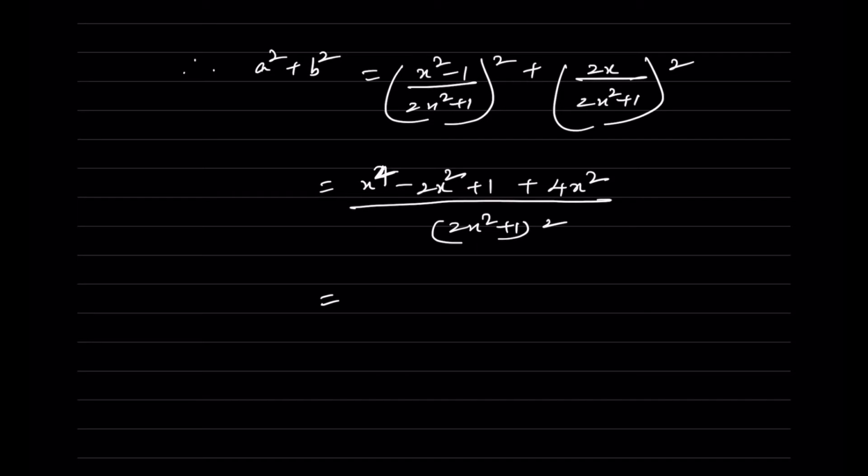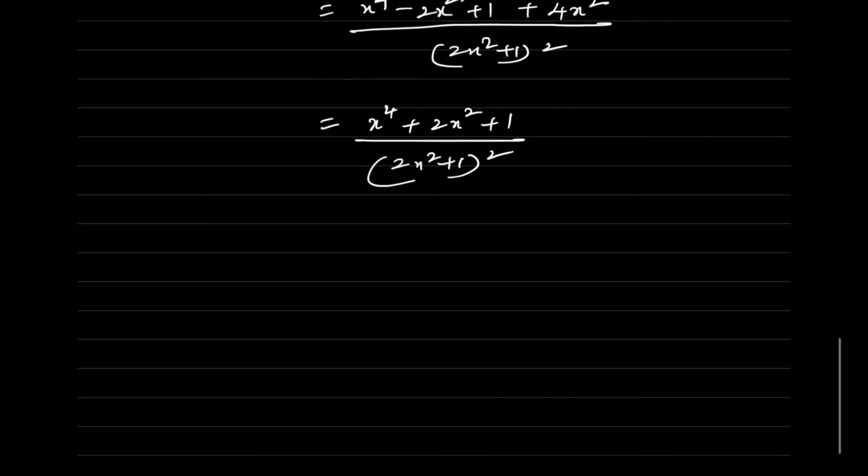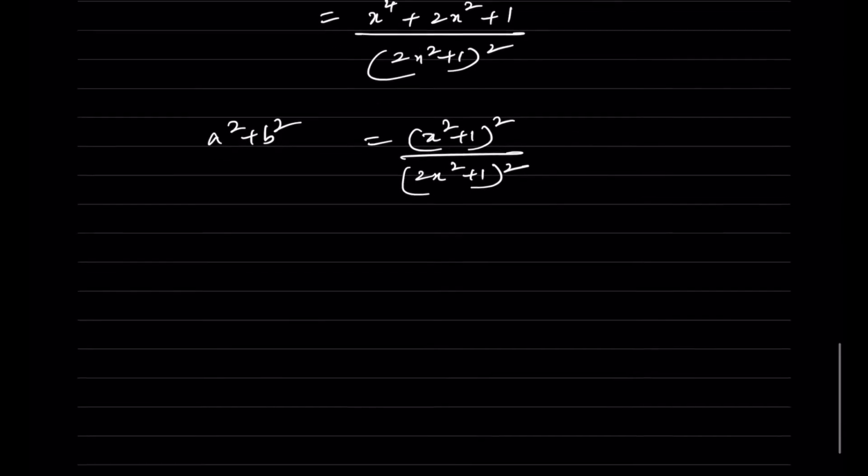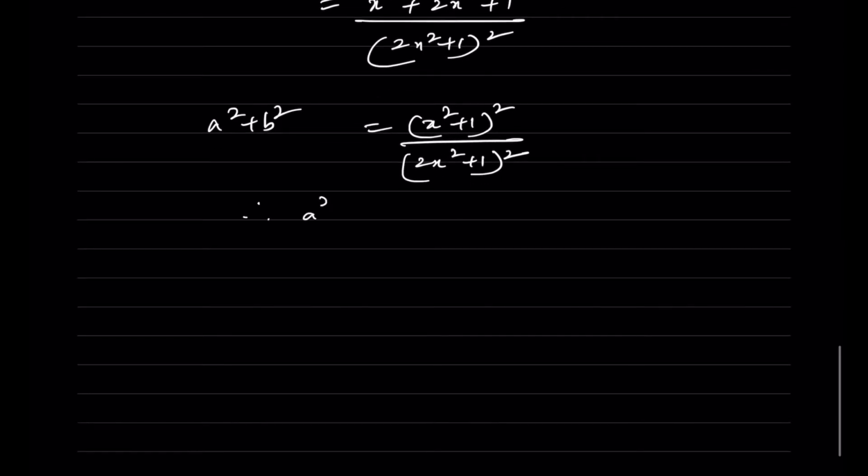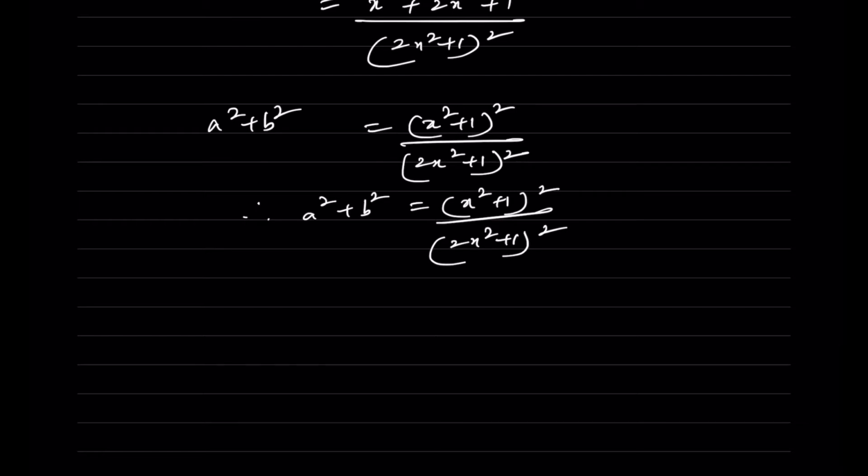So this is equal to (x⁴ + 2x² + 1) / (2x² + 1)². So this can be written as a² + b² = (x² + 1)² / (2x² + 1)². Therefore a² + b² is equal to (x² + 1)² divided by (2x² + 1)². So this is the solution which we got.